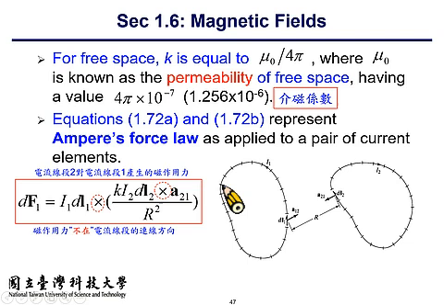As I already mentioned, because of the cross product in Ampere's force law equation, the magnetic force is not acting along the line between the source and the observation point, which means it's not in parallel with A21.